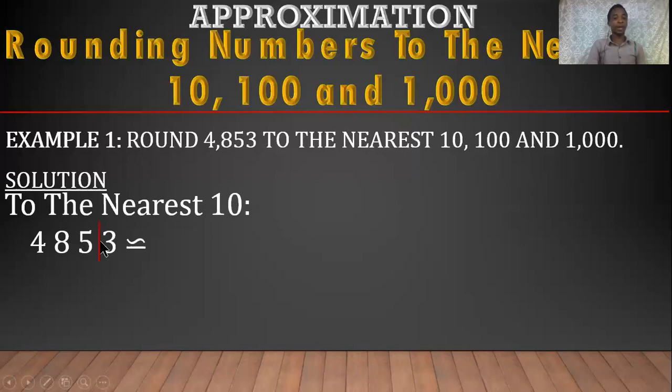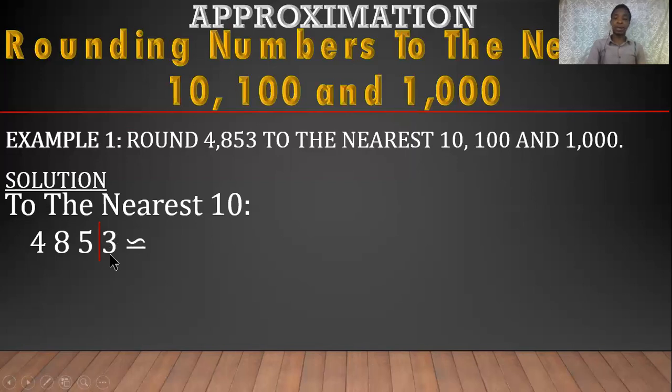Now I have my line. The next thing is that you check the number after the line. The number immediately after the line is 3. For steps 3 and 4, you check: is the number 5 or more, or is it 4 or less? 3 is definitely less than 4, so I'll be rounding down.